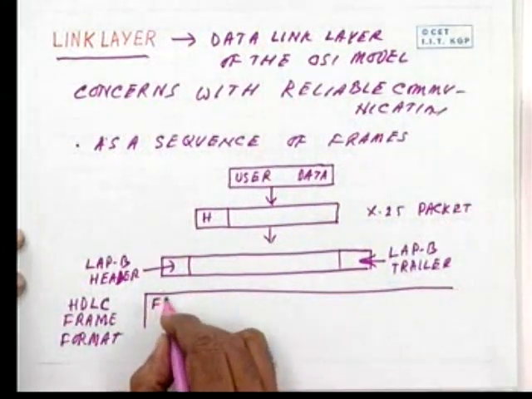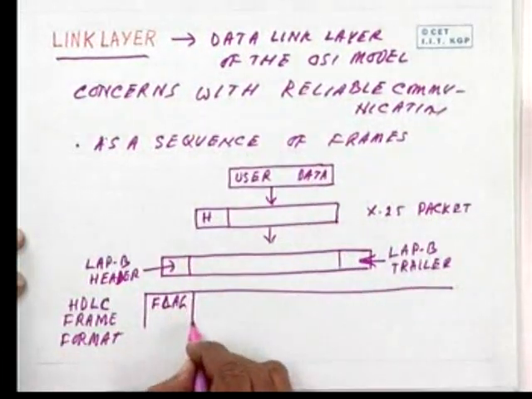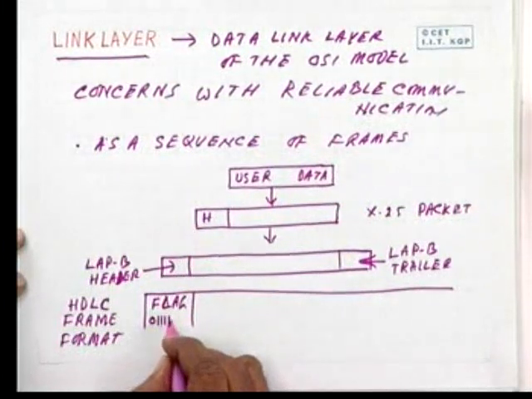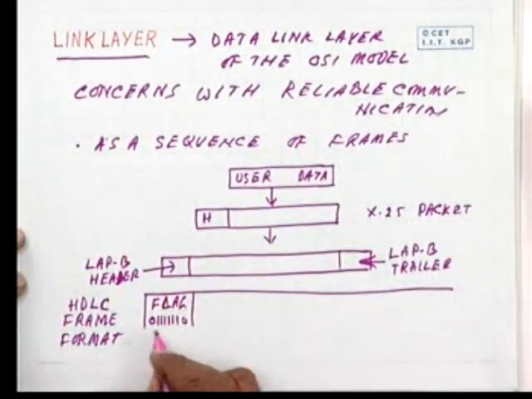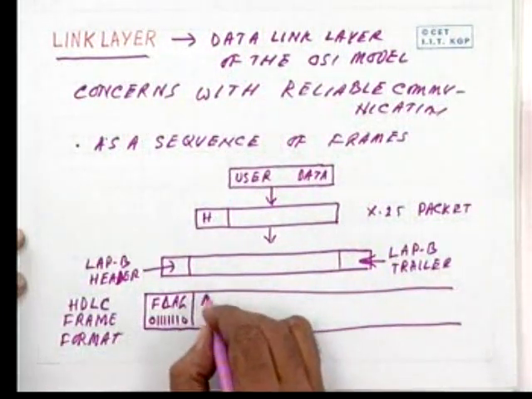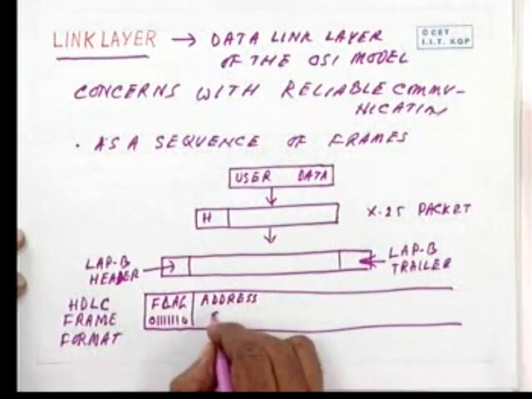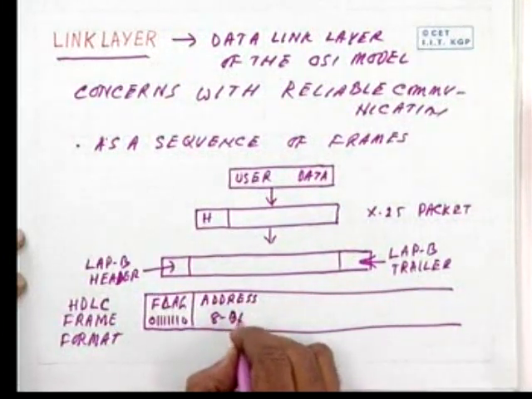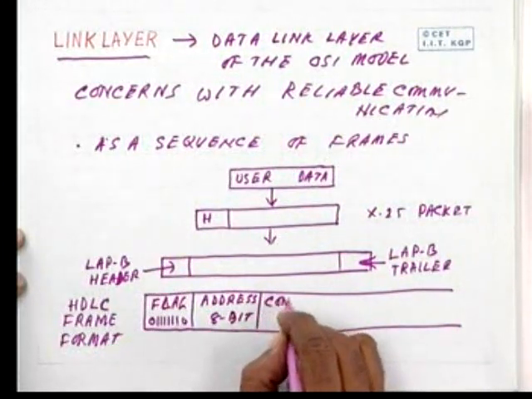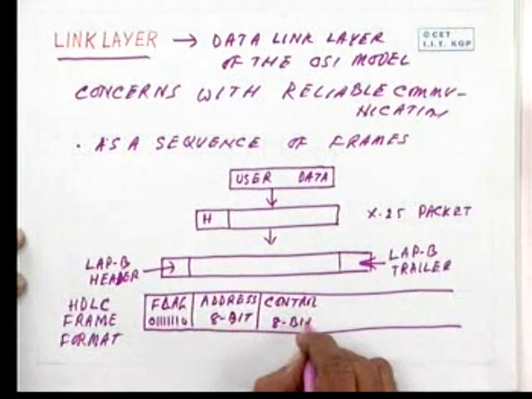It has got a flag bit for synchronous communication, 0 followed by 6 ones, then a 0, 8 bit. After this there is an address part which can be 8 bit. Then there is a control part which is 8 bit once again.